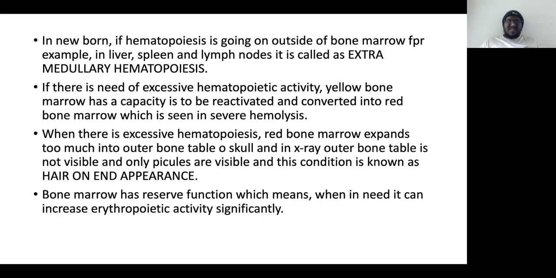When there is excessive hematopoiesis, red bone marrow expands too much into the outer bone table, and in X-ray the outer bone table is not visible and only spicules are visible. This condition is known as hair on end appearance. Bone marrow has a reserve function, which means when in need, it can increase erythropoietic activity significantly.